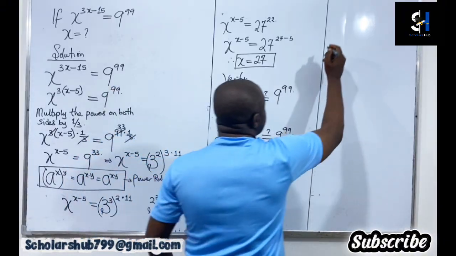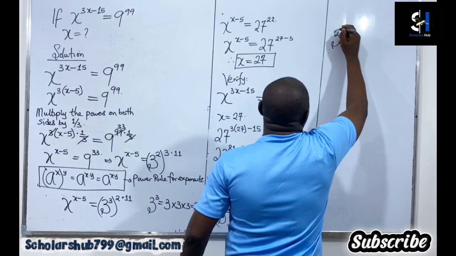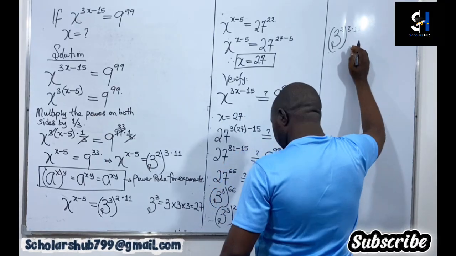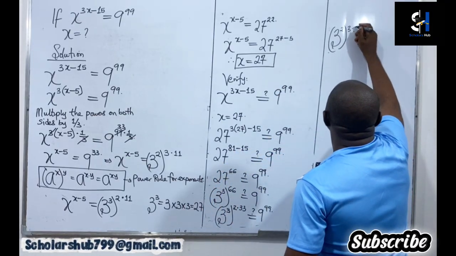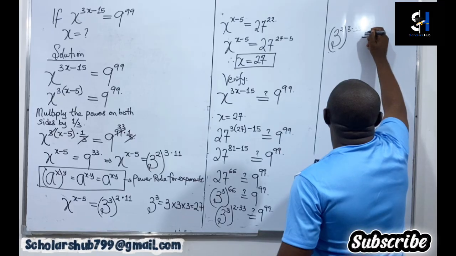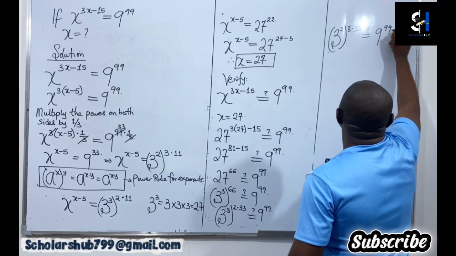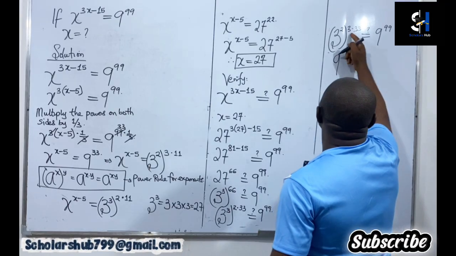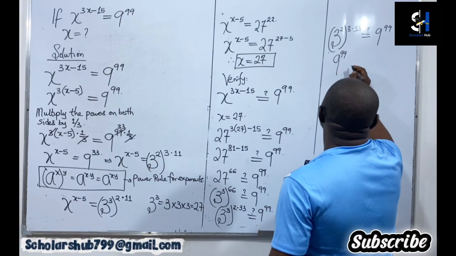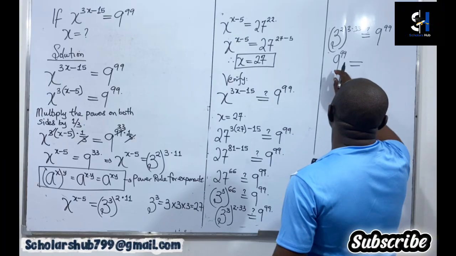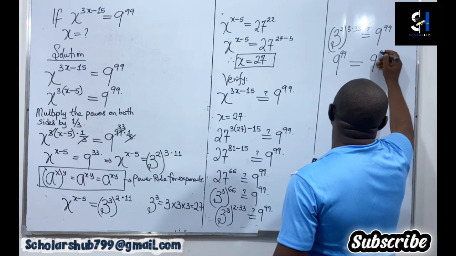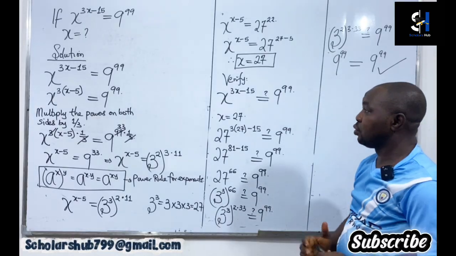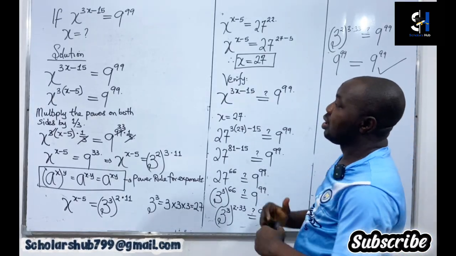So we're going to have 3 raised to the power of 2, raised to the 3 times 33, will it be equal to 9 raised to the power of what? 99. That is 3 times 33, which is 99. So the left hand side is equal to the right hand side, and we have verified our answer.